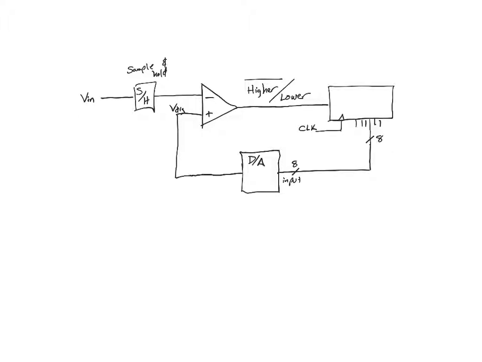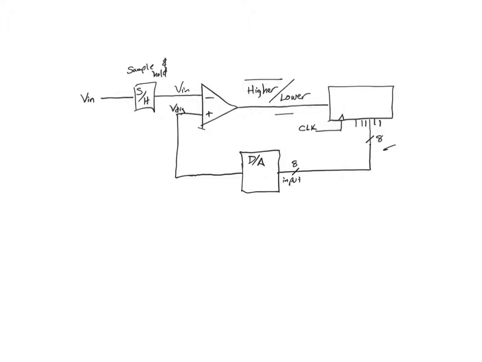So I've got my voltage, this V in, which is being held steady here. I've got my comparator. The comparator is telling this whether it should be higher or lower, in other words, which way it should flip the bit in this next estimate. Then I go into my DAC and turn this estimate into this V dig and compare it again.